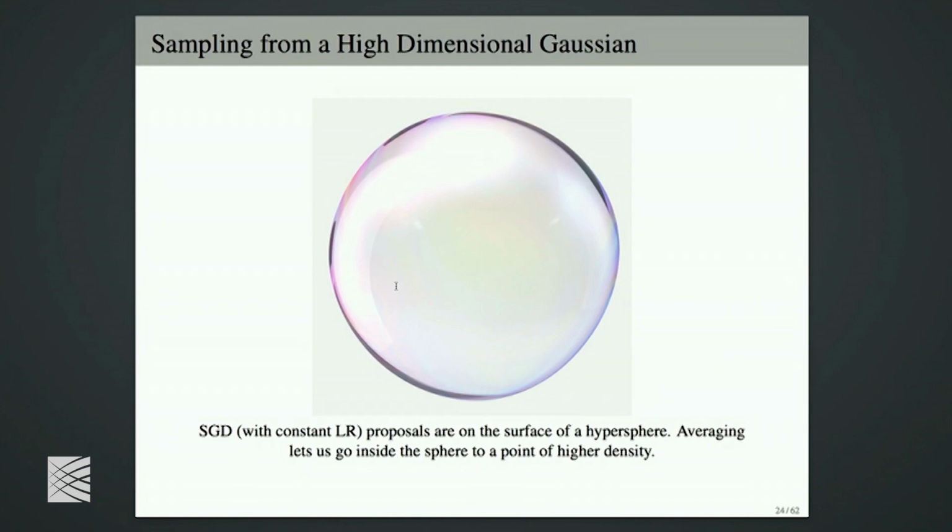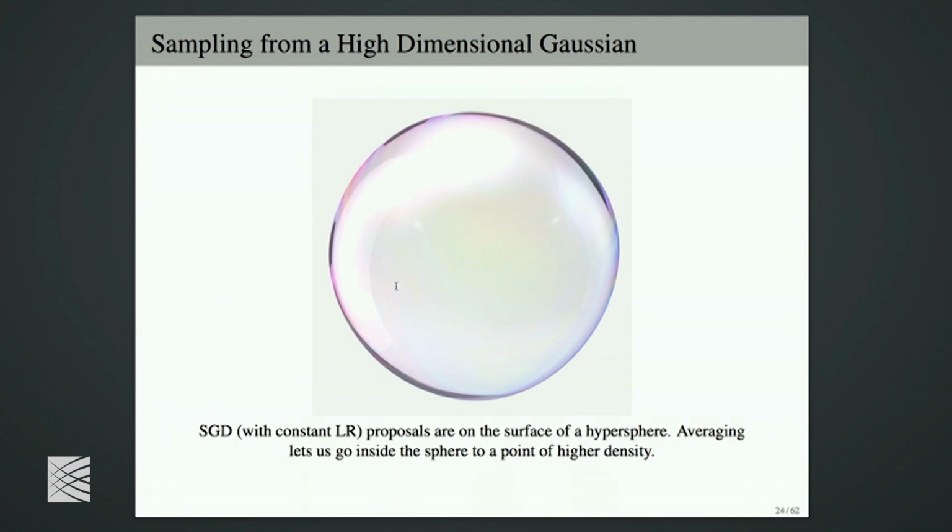Recall that the loss surfaces are extremely high dimensional. And there's some interesting theory showing that if we run SGD with certain learning rate schedules, we're approximately sampling from a Gaussian distribution in one of the basins of attraction, centered on one of the local optima. This means that SGD is going to be traversing the surface of this hypersphere, because most of the mass of a high-dimensional Gaussian distribution is in a very thin shell that we can visualize as a soap bubble here.